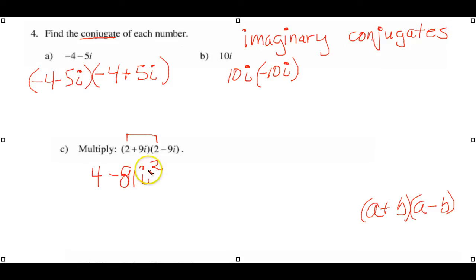But what did we say i squared was? Negative 1. So negative 1 times 81 makes this a positive 81. So the result of this is the number 85. Now we're going to use that here shortly as we do some manipulations.